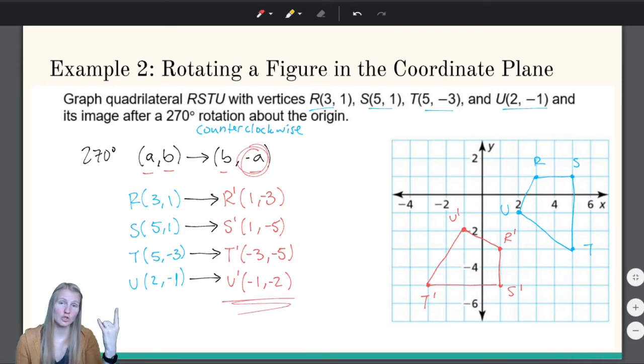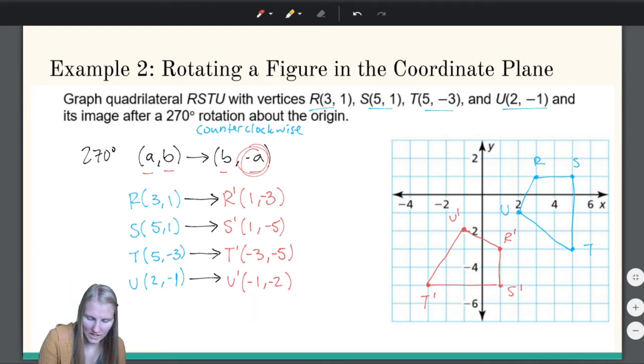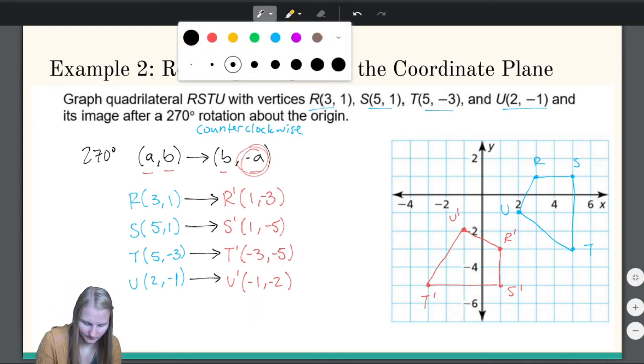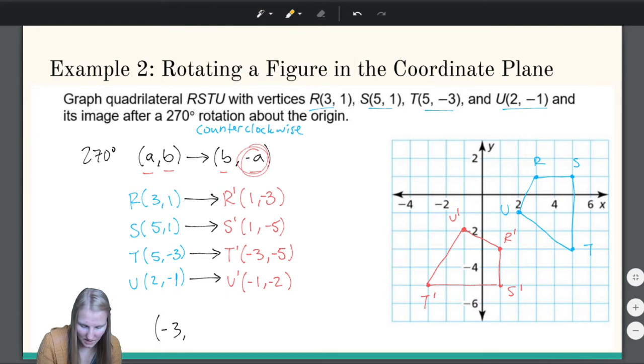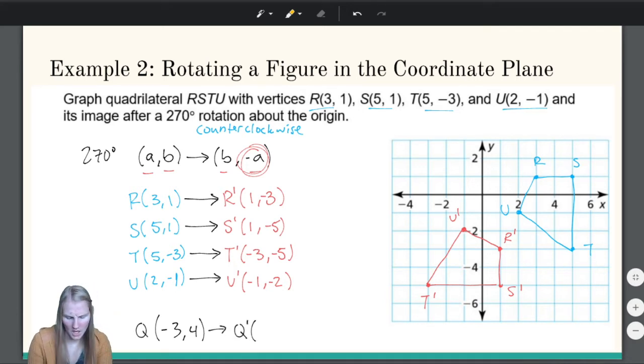We switched the coordinates and made the second one negative. What if I gave you a point? What if I gave you -3, 4? And we'll just call it Q. When you go to make Q prime, you're going to switch the coordinates. So we'll have 4, -3.